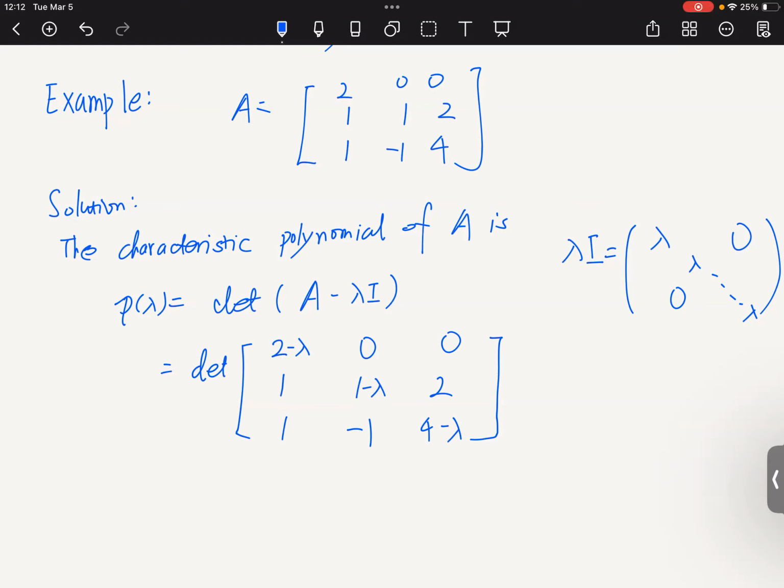You need to use the definition of the determinant to calculate it. We can expand along the first row, and that should be 2 minus lambda.